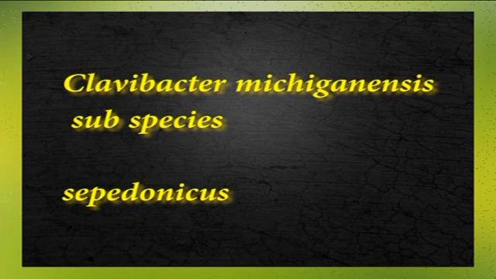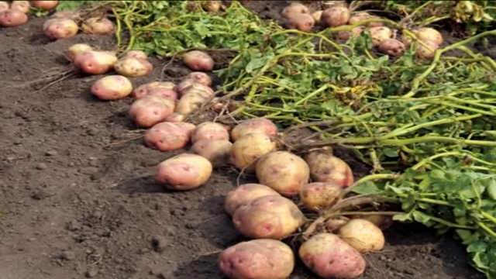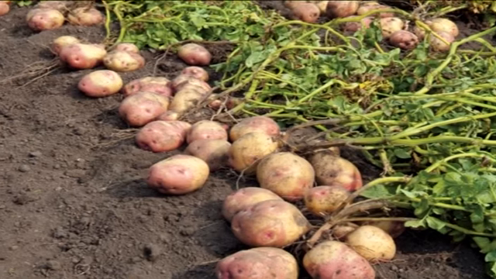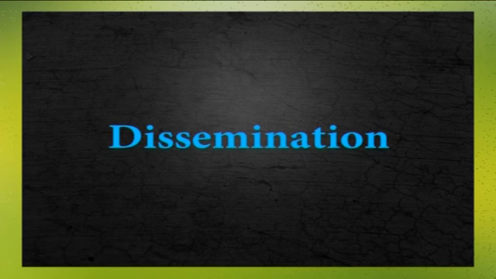But some bacteria can also survive in water, and some do well on inanimate objects or on or inside insects. Clavibacter michiganensis subspecies sepedonicus, causative agent of potato ring rot, is notoriously known for surviving on machinery and packaging material. Knowledge of survival is usually essential to intervene in dissemination and for disease management.